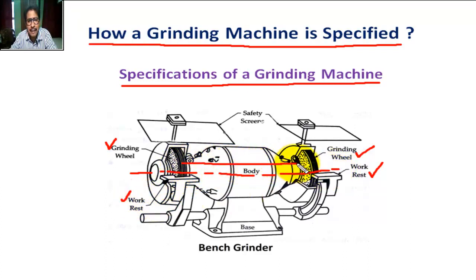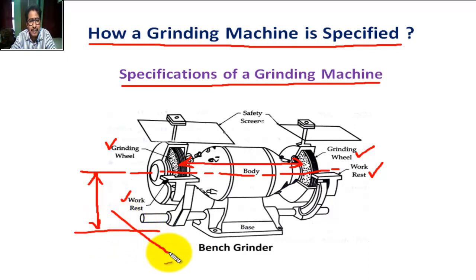This is the distance between two grinding wheels. This is the distance of grinding wheel from the base plate. This is the distance of grinding wheel spindle from the base plate.